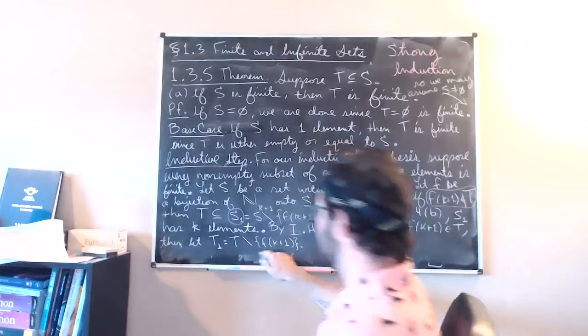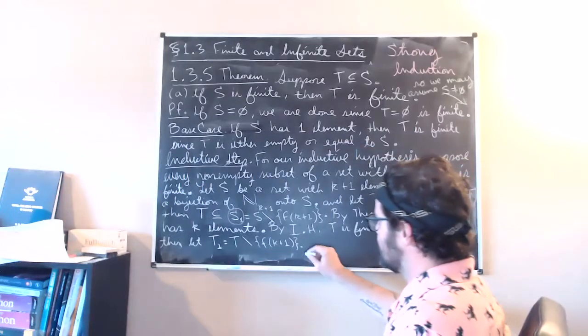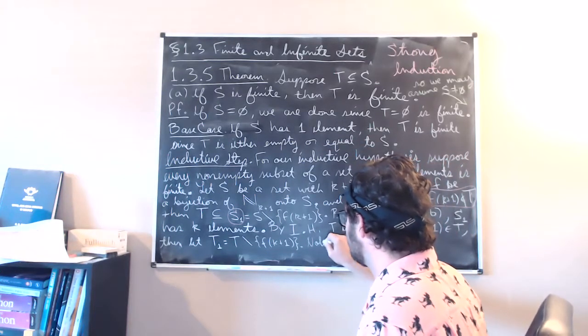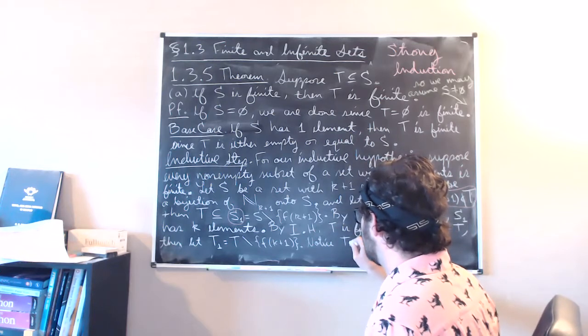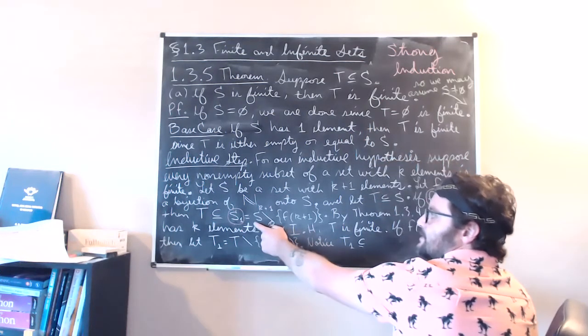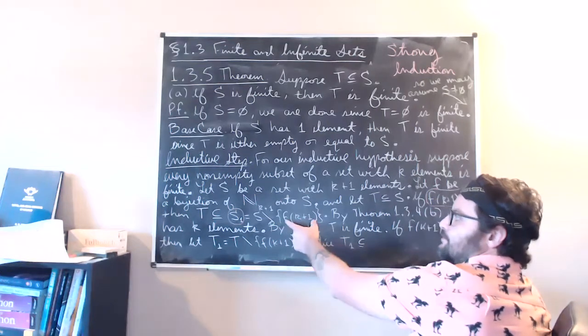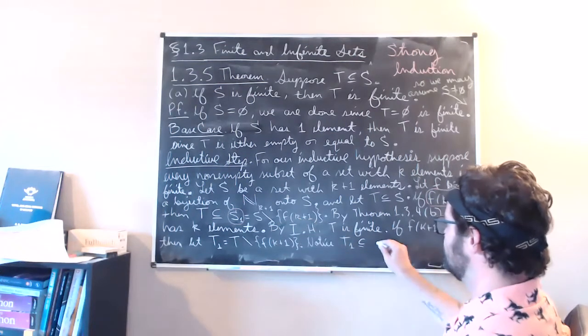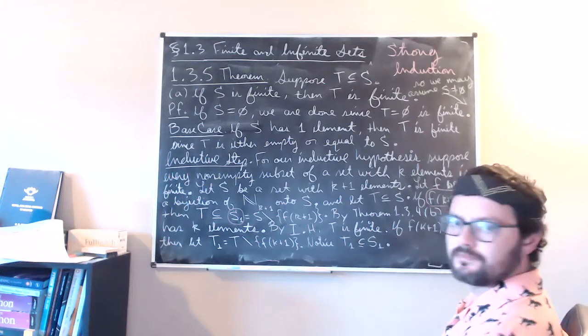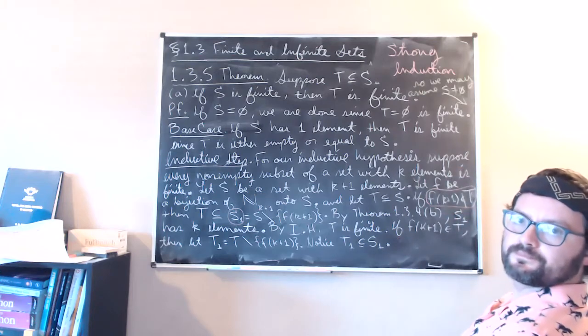So I took that thing out of T. And then notice T1 is a subset of S1, where S1 is the set where you get rid of that value.